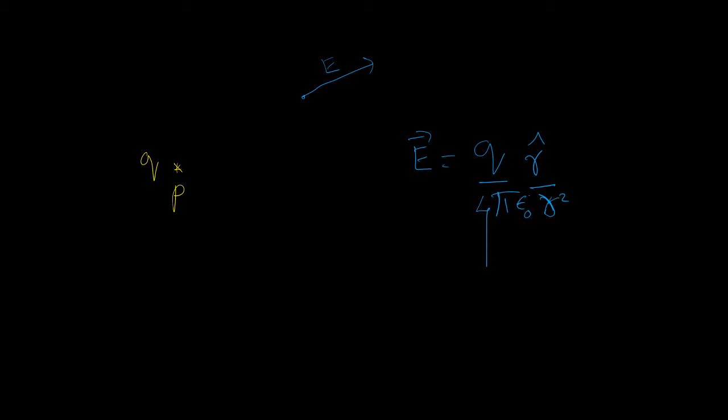Suppose you want to calculate at this point and distance from the charge to that point is R, then this is the R square and R cap is along the line joining these 2 points.